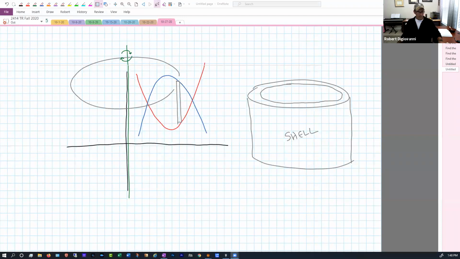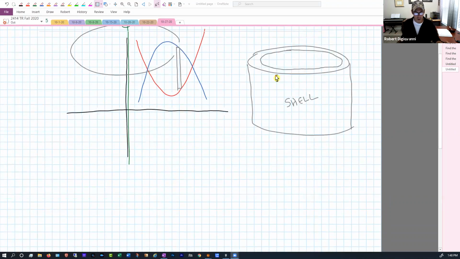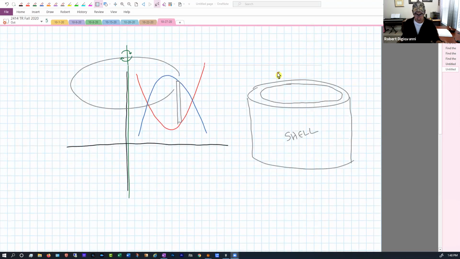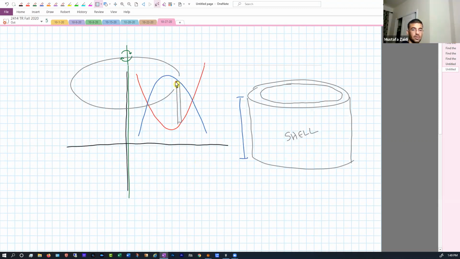There you go. Okay. So can we come up with a formula for the volume of this shell? Well, do we know anything about this shell? Do we know how tall it is? How tall is this shell? Remember, it came off this rectangle, right?